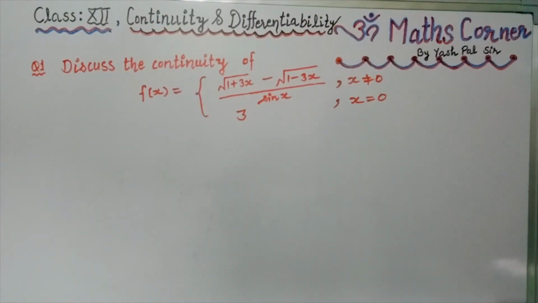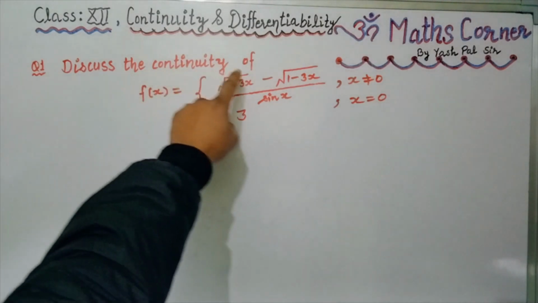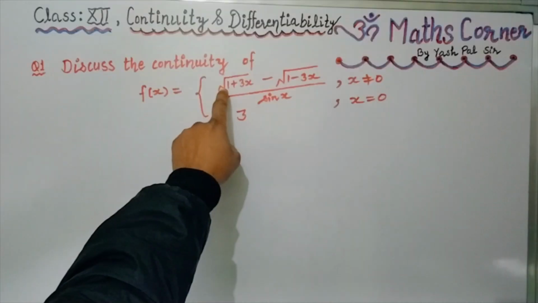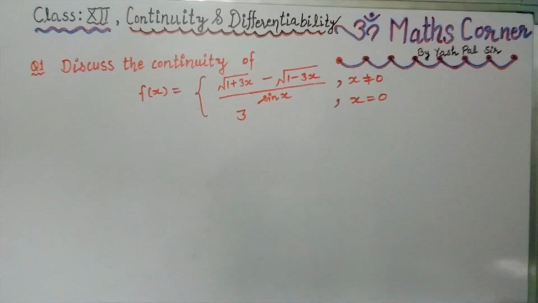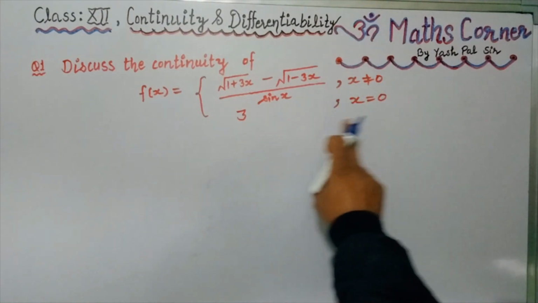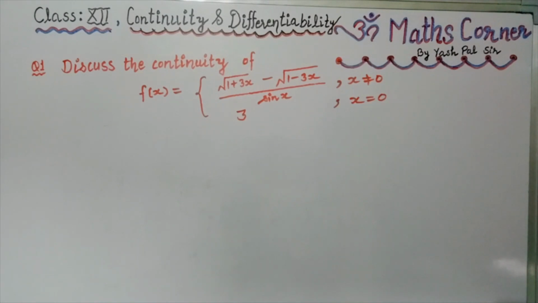The very first question is: discuss the continuity of f of x is equal to square root of 1 plus 3x minus square root 1 minus 3x whole divide sine of x whenever x is not equal to 0, and this is 3 when x is equal to 0.